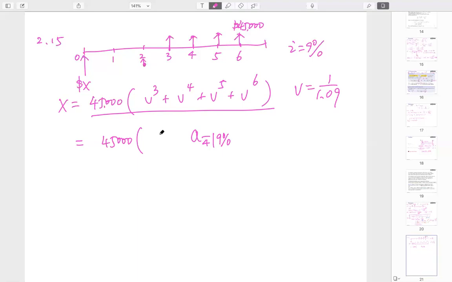So I discount back by 2 years. Excuse me, sometimes I misspoke. So here we see this as an annuity immediate. So the starting time will be at point 2. So when I discount back, it's by 2 years.